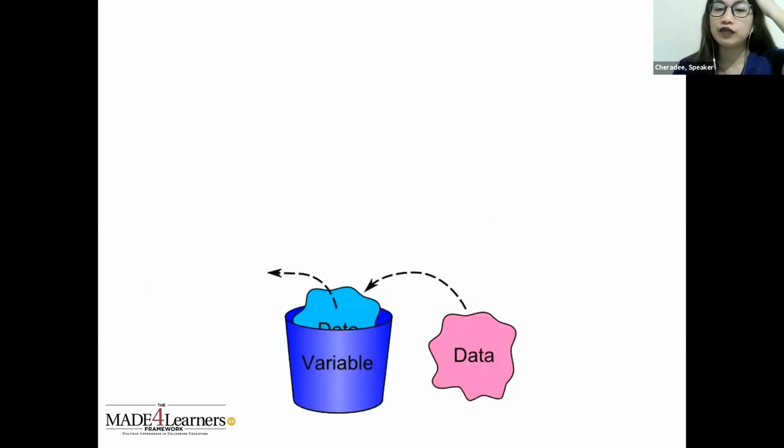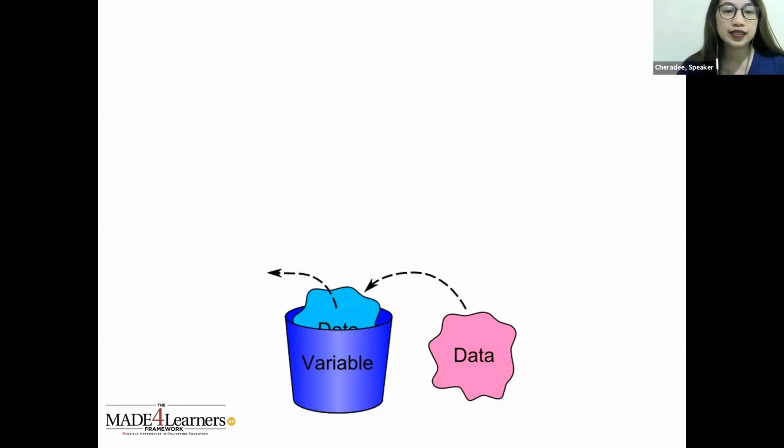So are you familiar what a variable is? So you know what fixed data is? Do you have an idea what is the difference between fixed and variable data based on the photo? Can you comment in the chat box? What is the difference among the two, between fixed and variable data?